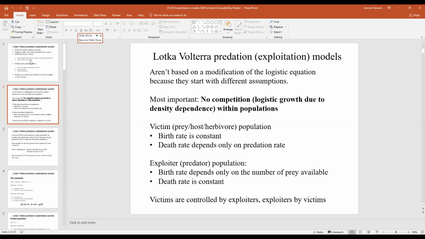And fourth, we must be able to put a refuge in our models so that the predator cannot drive the prey extinct, even though it normally would be able to do that. So that's our challenges for our models. And what I'm going to do now is begin to develop those models. And I'm not going to go very far into this, but I'm going to set us up for next time.